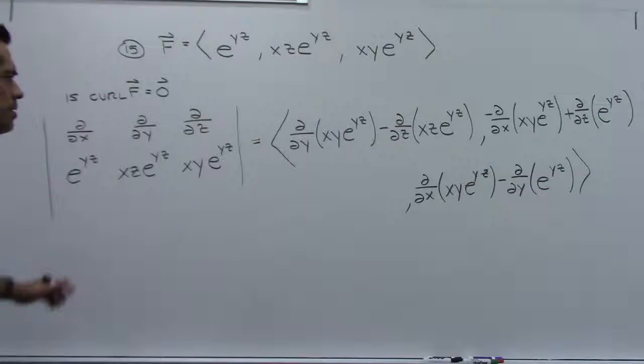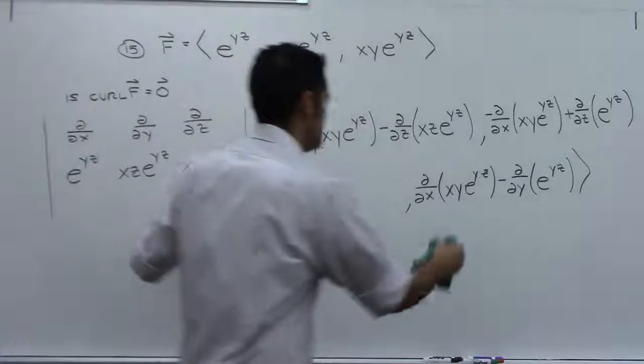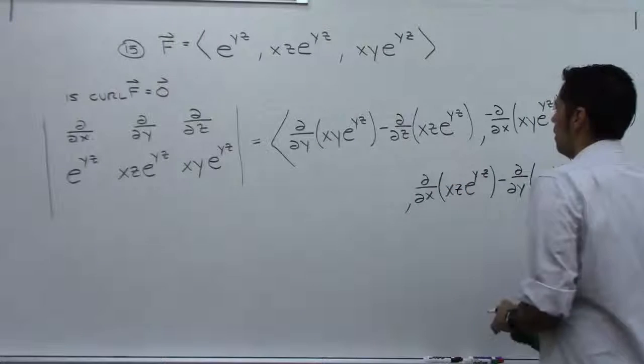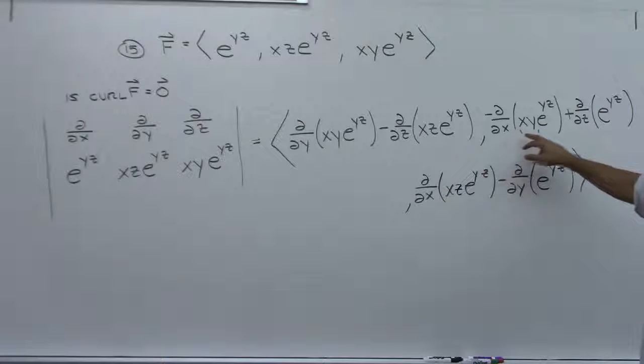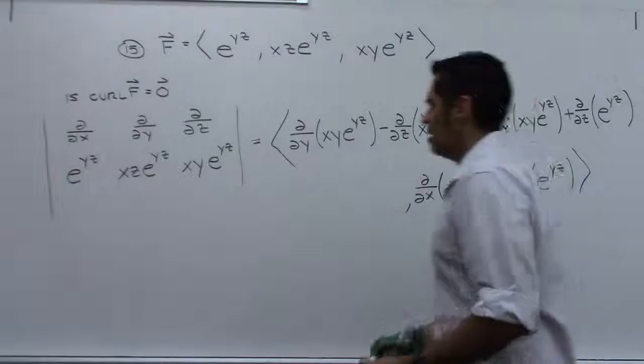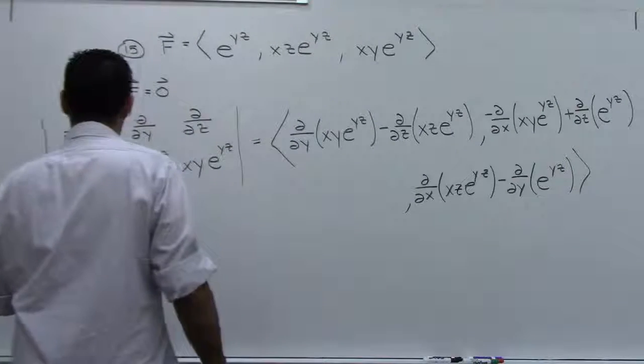Ah, shoot. I just noticed something. I put z right there. That should be z. Good thing I caught that now. Just double check everything else. And partial z. Okay. Let's see what happens.